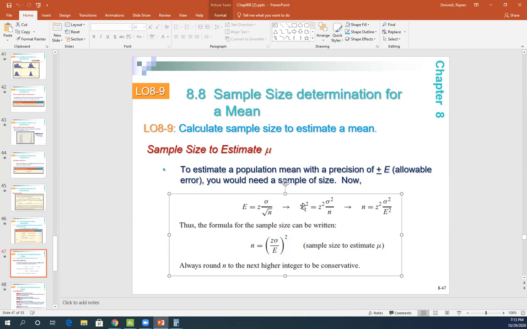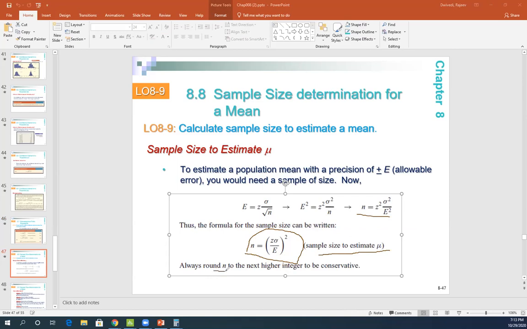Then we do the square root of both sides, and based on that, we come to the formula, n equal to this much. So n can be written in this form: n equals (z sigma upon e) squared, the sample size to estimate mu.